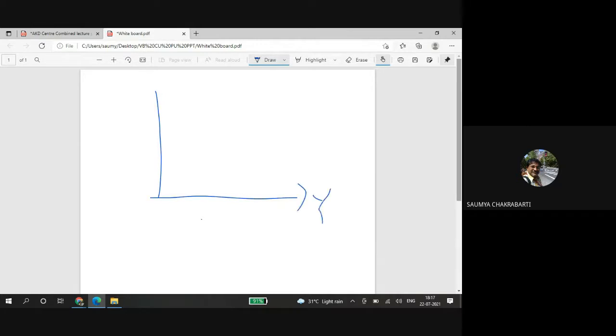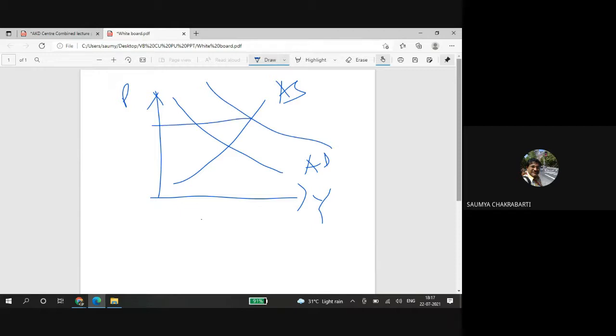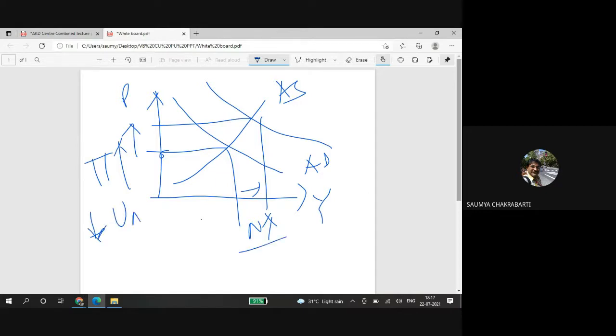You had Y here, you had price here, and you had the aggregate supply curve like this and the aggregate demand curve like this. When there is an expansionary monetary and fiscal policy, you have expansion in output and employment. Employment is rising and price is also rising, so inflation goes from zero to positive, and unemployment is falling.